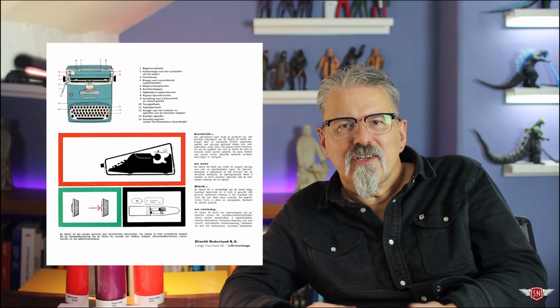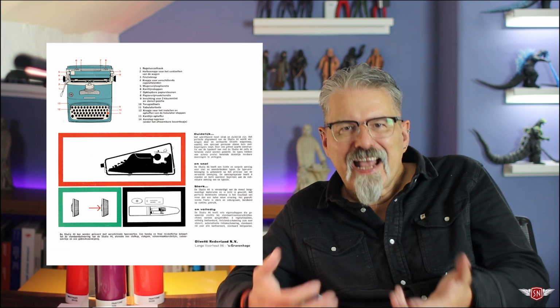His shapes suggested the benefits of using a product rather than literally describing its features. He didn't just illustrate Olivetti's products, he brought them to life through his graphic designs, which suggested how they might be used and what they could do to enhance people's lives and work.